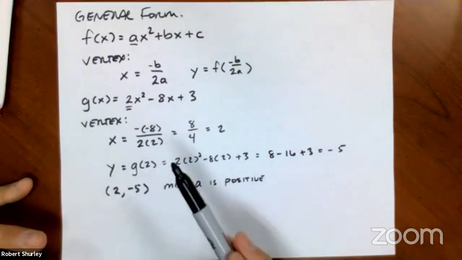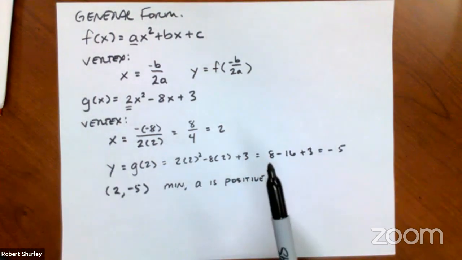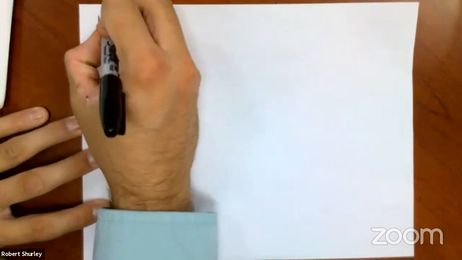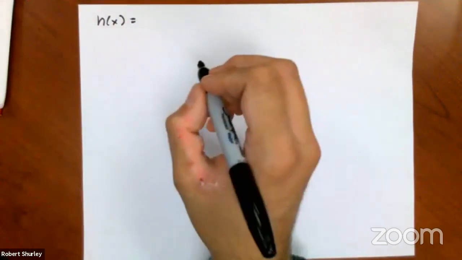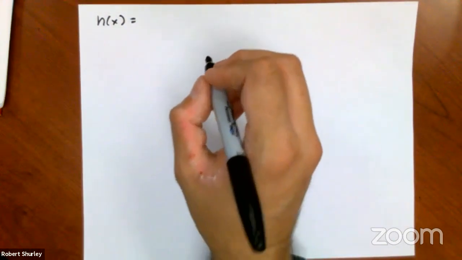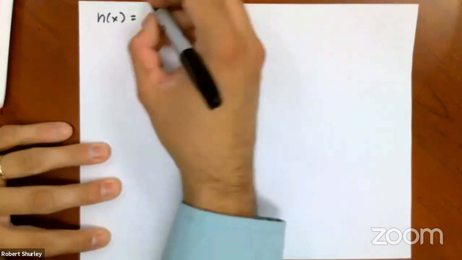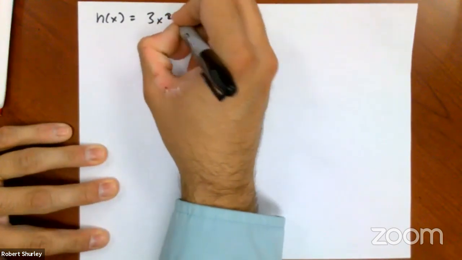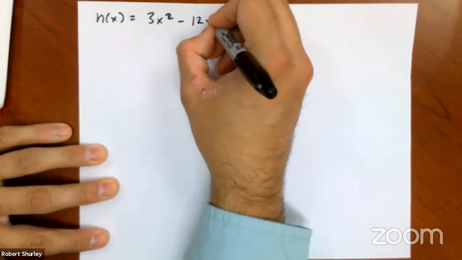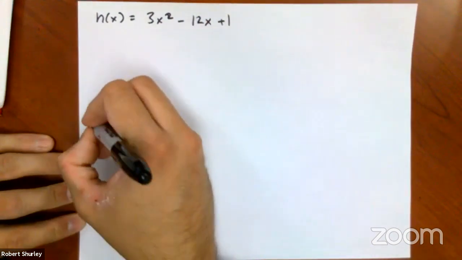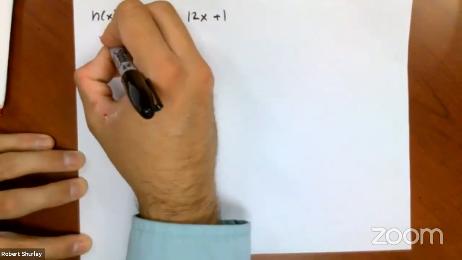Okay, so let's do another one. Any questions about this before I just give you a few more that are like it? Ask if you need to. I'm going to give you a few different ones and I want you to try them. And of course, I'm going to go back and I'll work them with you. Let's say we've got h of x equals, I'm going to steal some out of the book. H of x equals, let's say 3x squared minus 12x plus 1. And then all I want you to do is find the vertex.